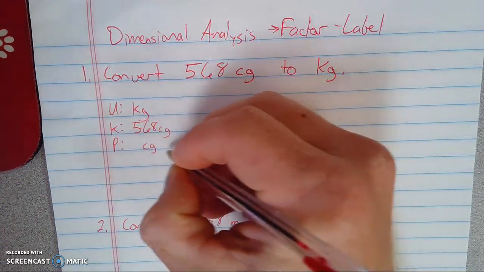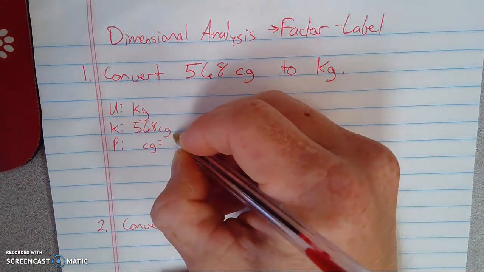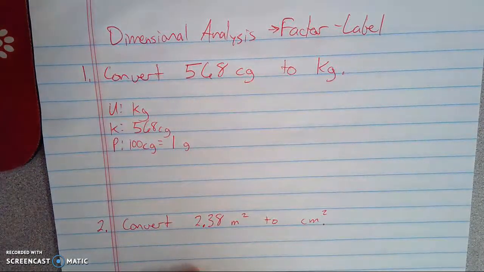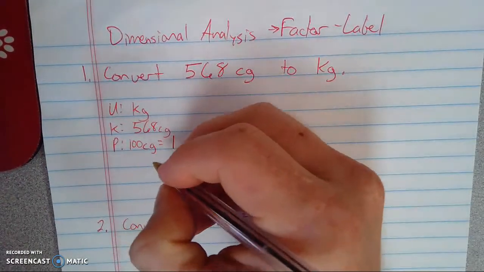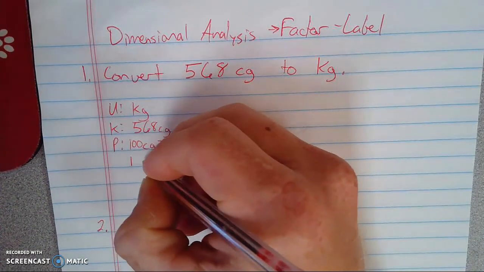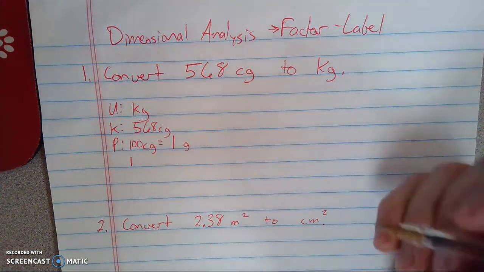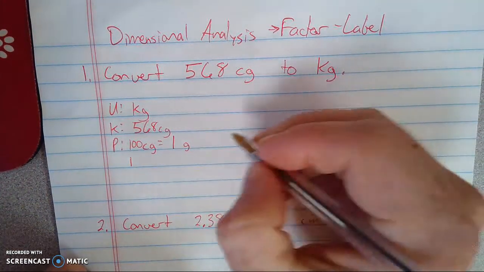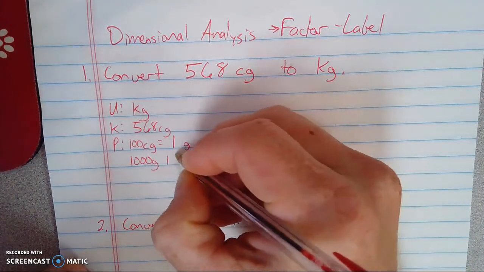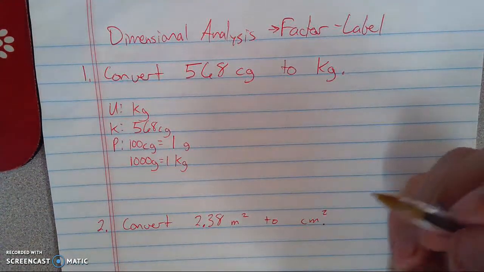Centi is smaller than a gram, if you remember from the notes, so 1 gram equals 100 centigrams. That's still not going to get us to kilograms, so we need one more step. Kilo means 1,000, and this is the thing people have a hard time with: you have to remember which ones are bigger and smaller than 1. Kilo is bigger than 1 gram, so 1,000 grams equals 1 kilogram. Those two conversions will get us where we want to be.